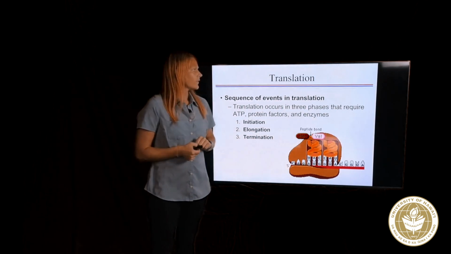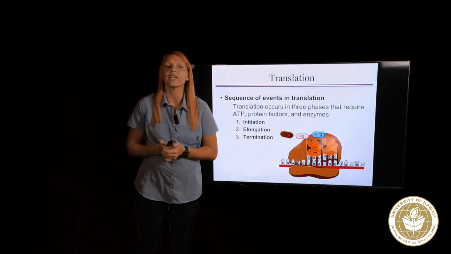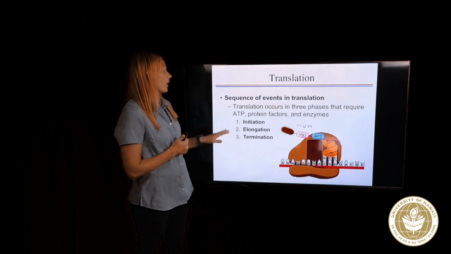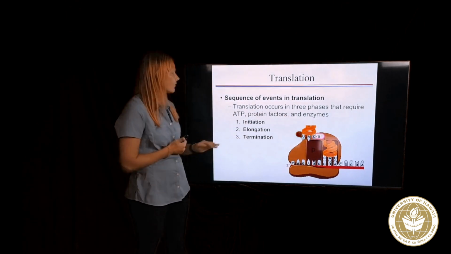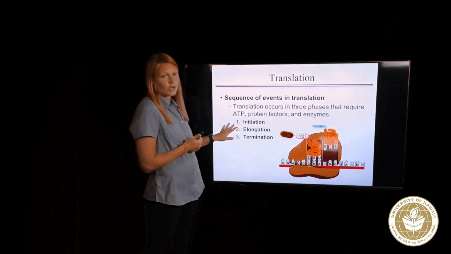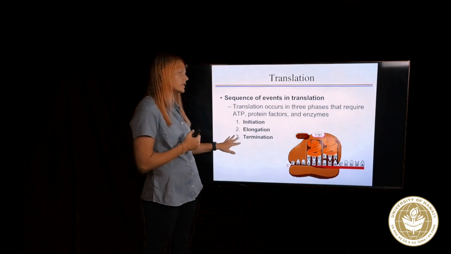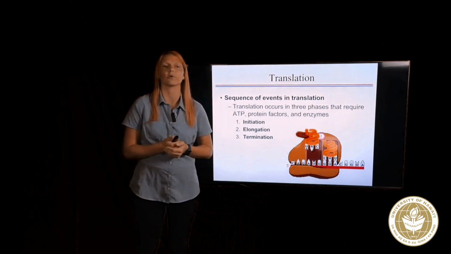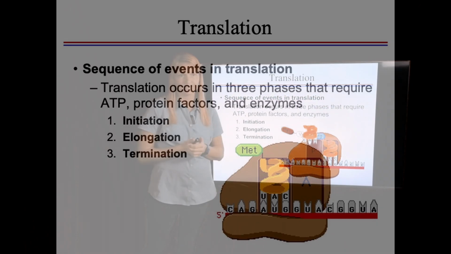So if you look here, this process of translation occurs in 3 different phases that require ATP, protein factors, and enzymes. So we have initiation, or the start of the process, elongation, where we're making that long protein, then termination, where we stop making the protein. We're going to look at these 3 phases a little more on the next slide.